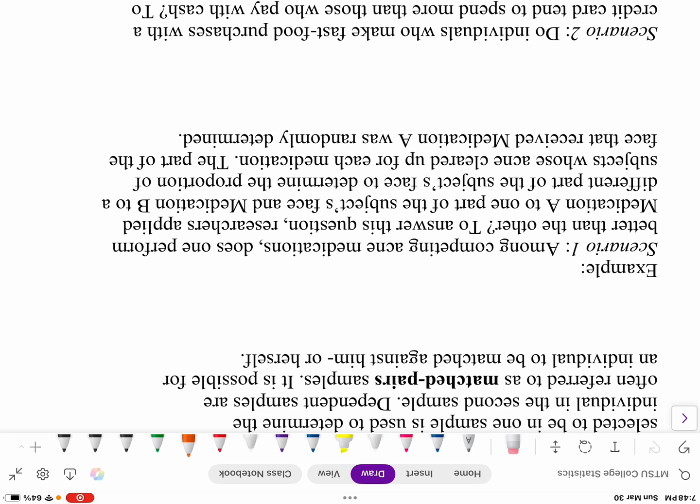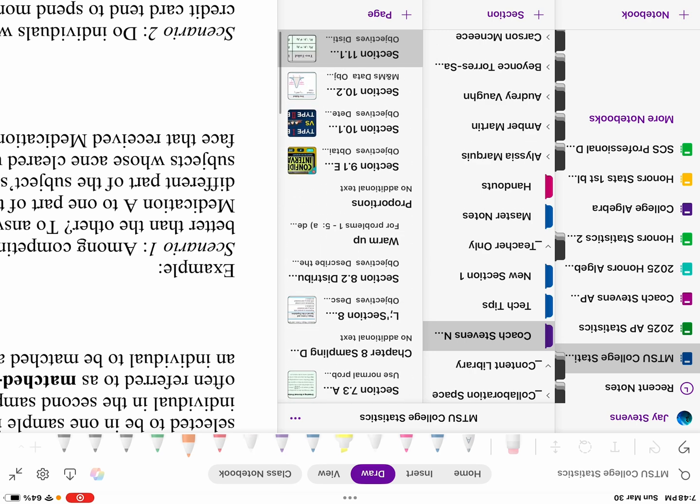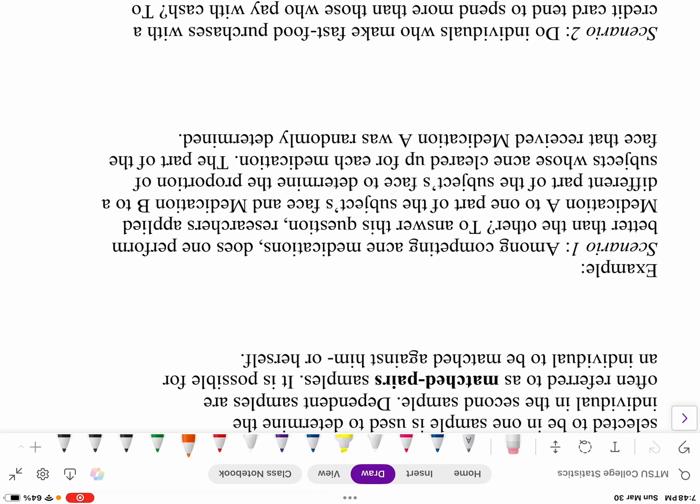They did both treatments, medication A and medication B, so they ended up being both parts. So this would be a dependent sample, and more specifically, a matched pairs sample.